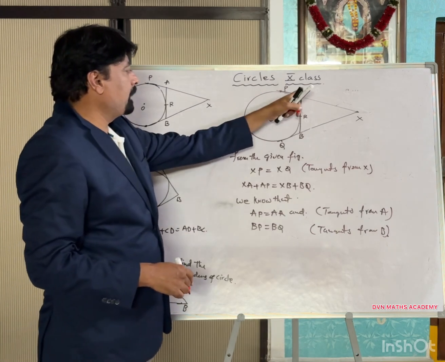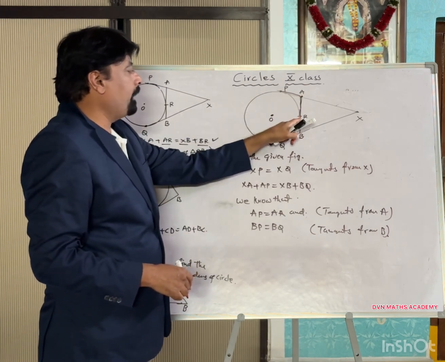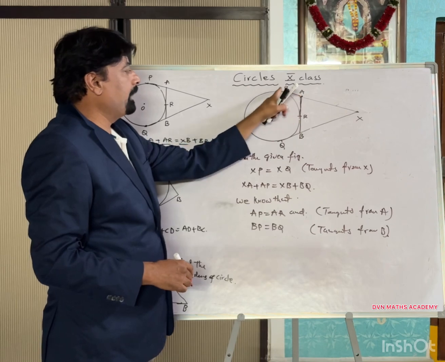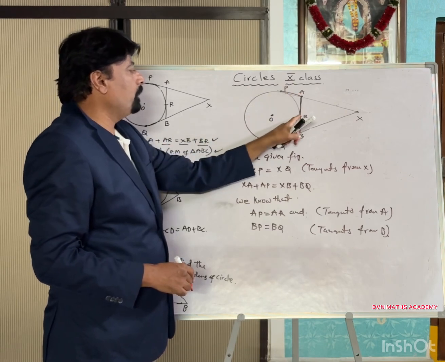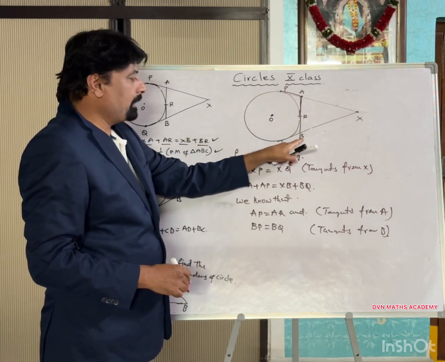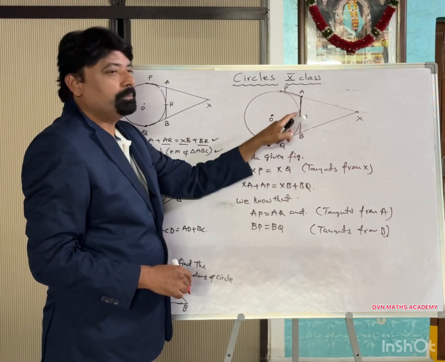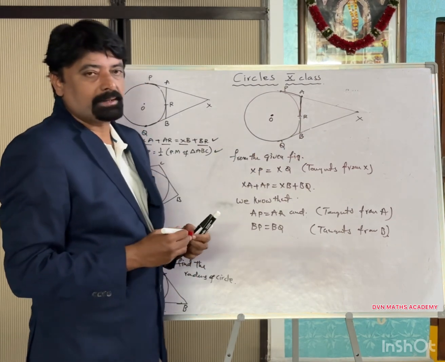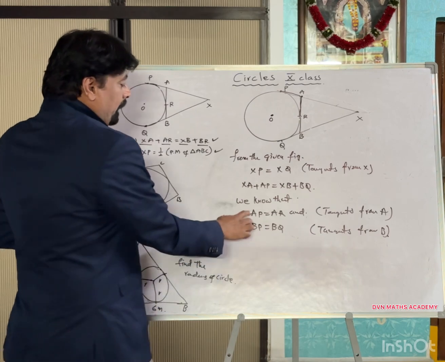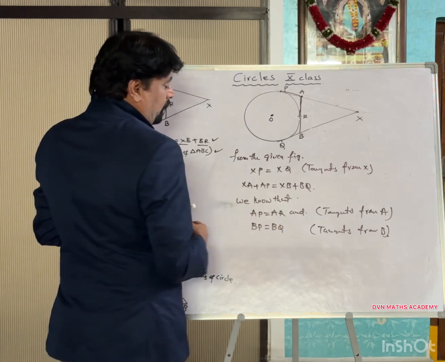If A is the external point, AP and AR are the tangents, therefore their lengths are equal. B is the external point, therefore BQ should be equal to BR, because the lengths of the tangents from the external point are equal.